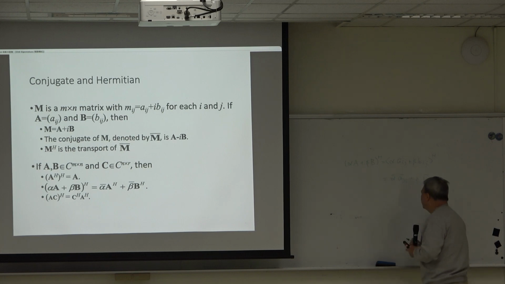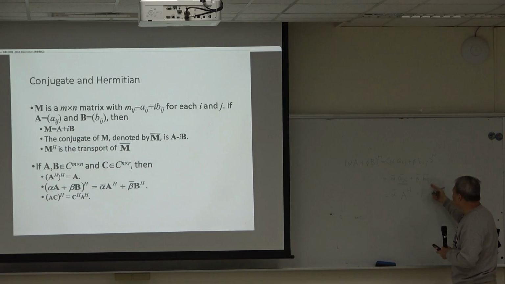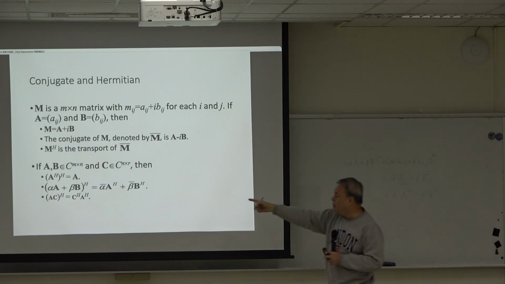So alpha bar stays like that, this one is A Hermitian according to the definition, and the same for beta bar: this b_ji conjugate is B Hermitian. That is why we have that.